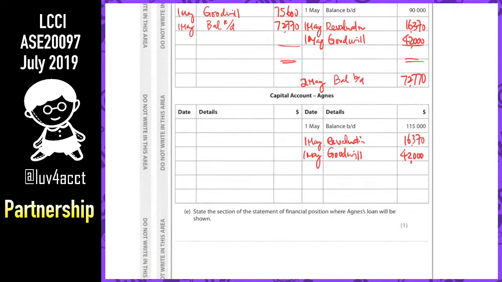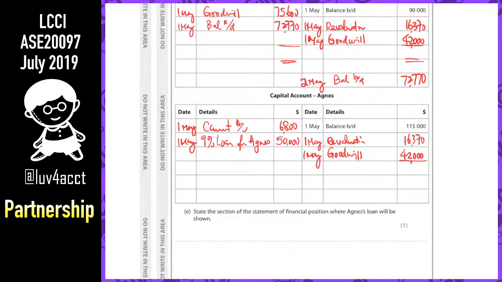Next, after revaluation and goodwill, we have the current account debit balance, 1st of May. Nothing else except for the final settlement. So on the 1st of May, you will have 50,000, the 9% loan from Agnes.